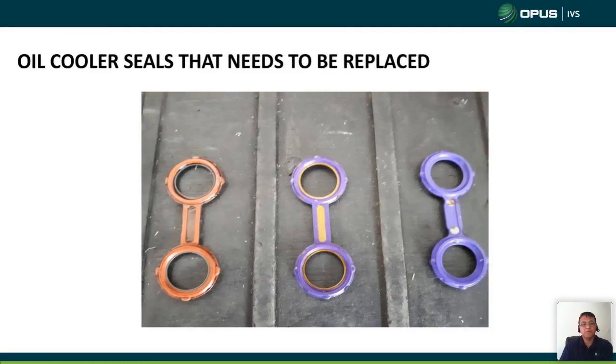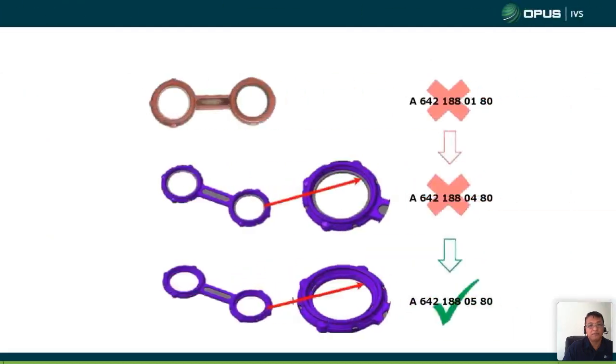And these are the types of seal ring that you will notice when you're dealing with the intercooler, with the oil cooler parts. This is the first version of the seal, and this is the second version, and this is the third version. But before you replace it with the third version, always check with your parts department if that's the latest one.